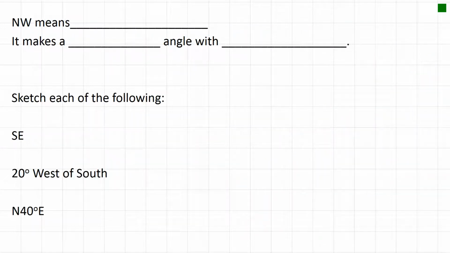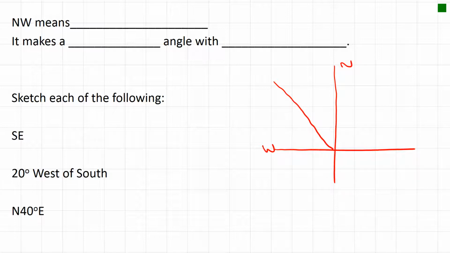So let's review a bit more. NW means northwest, and because there's no angles given, here's the north and here's the west, it means right in between, right in the middle. So it means that it's the direction, the diagonal between west and north. And so this angle is 45 degrees.